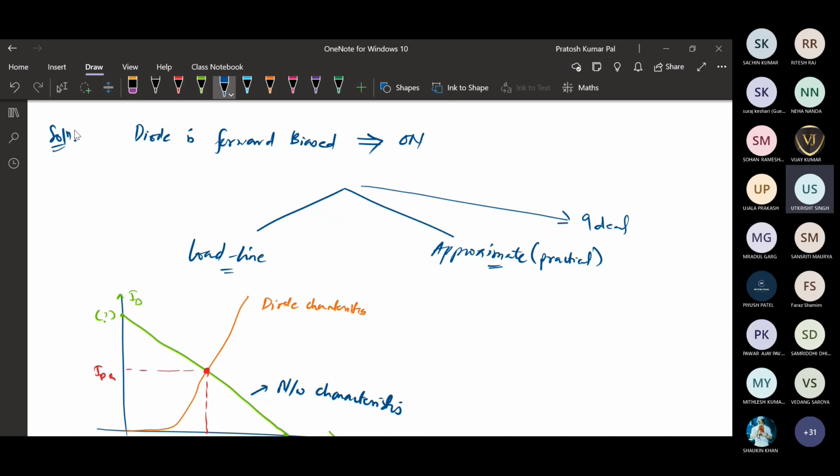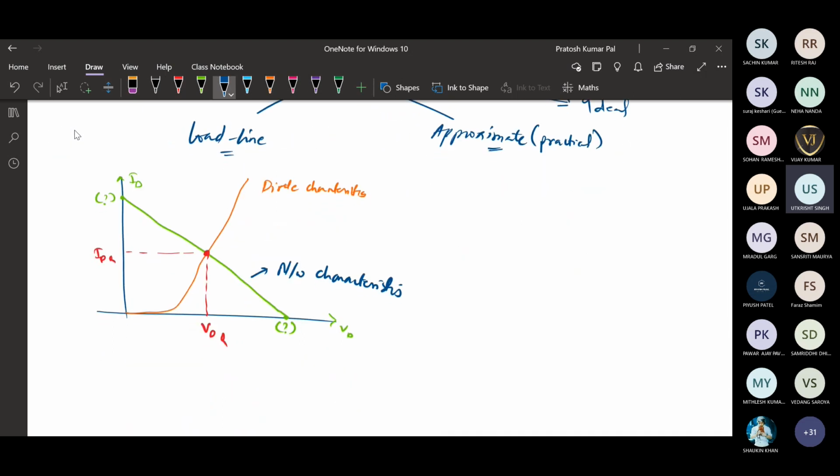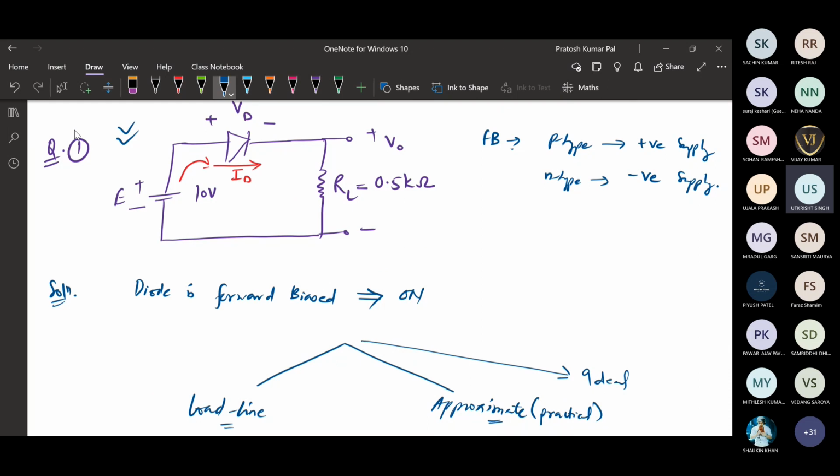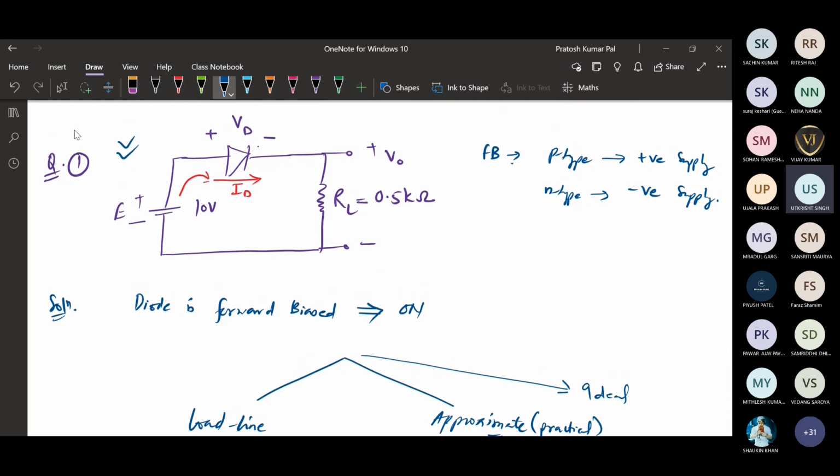If it is approximate mode, then we will replace this diode with its equivalent voltage. If a diode is forward biased, it depends on the type of diode. Generally we will consider the diode to be silicon.